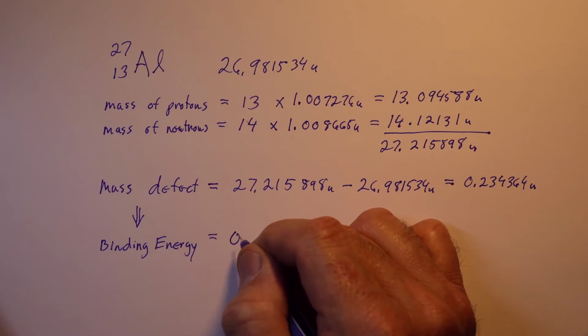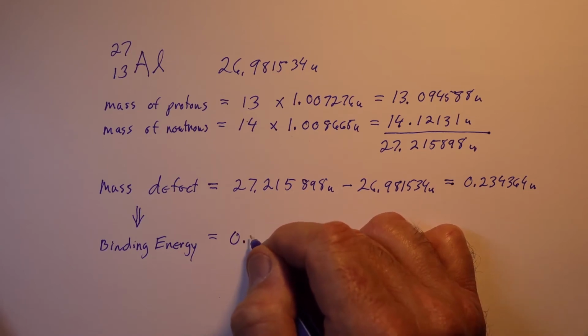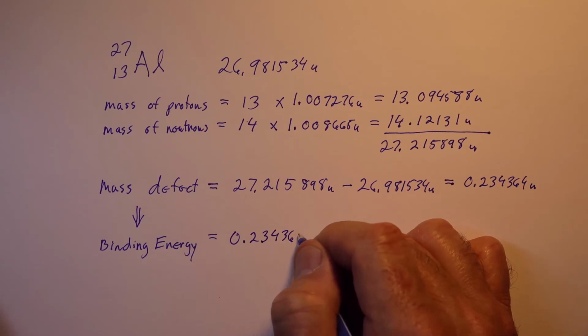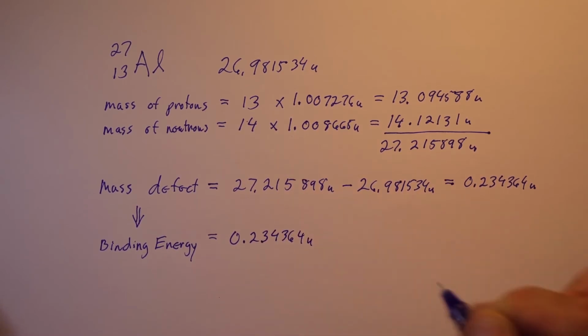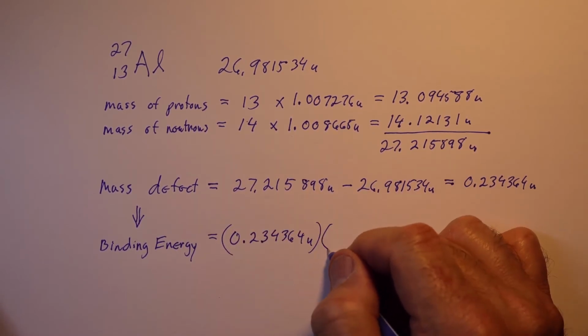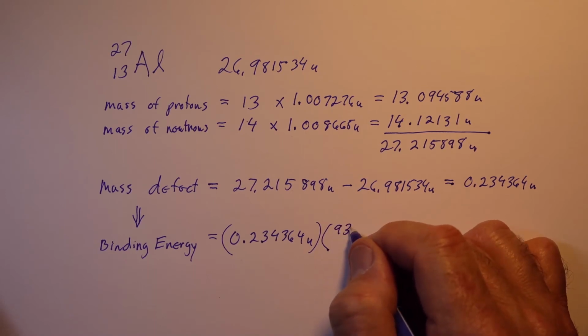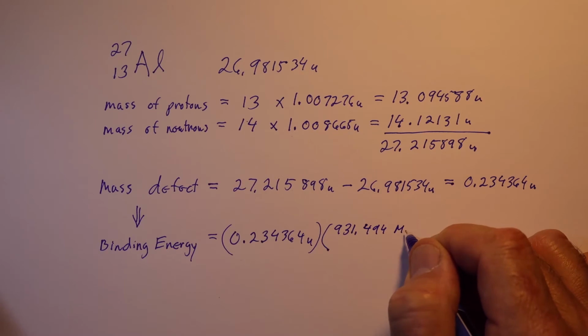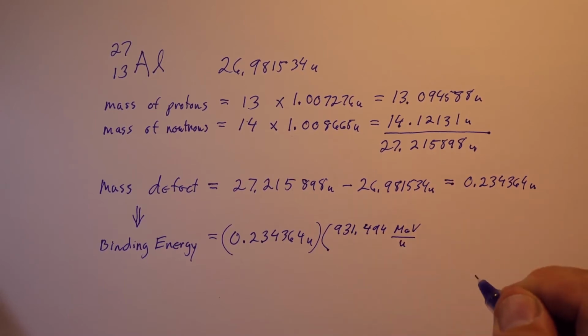So we take our mass defect, 0.234364 atomic mass units, and we're going to multiply it by the conversion factor of 931.494 megaelectron volts to every atomic mass unit.